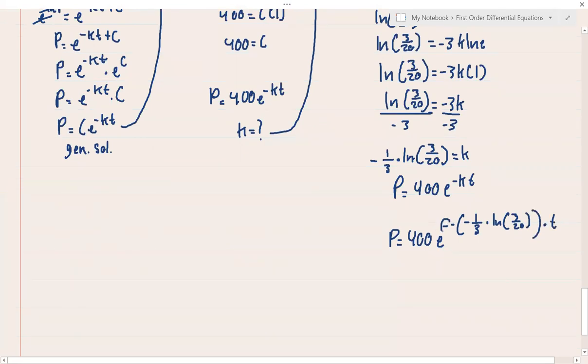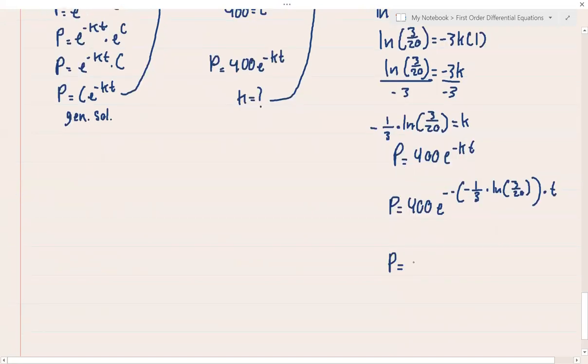Syempre, pag may negative sa labas at negative sa loob, magiging positive. So, this would be P is equal to 400 e raised to 1/3 times ln of 3 all over 20 times t.